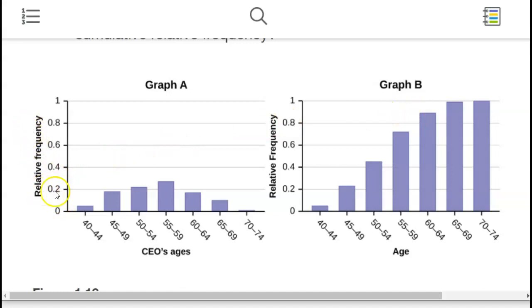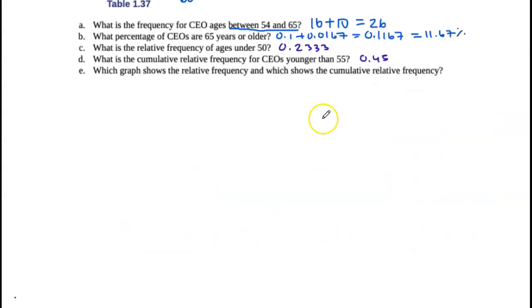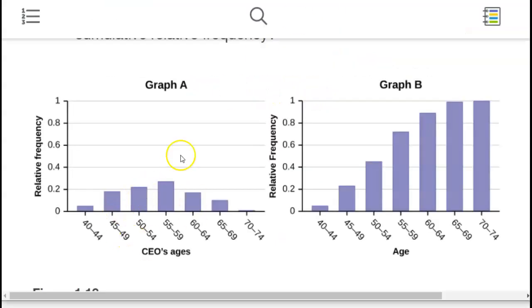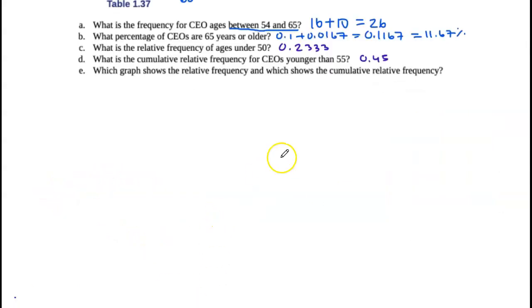You can look at relative frequencies with the age categories. So the first one is the relative frequencies, and you can kind of see that they correspond with the frequency in the tables. Age group 50 to 54 is just over 0.2.